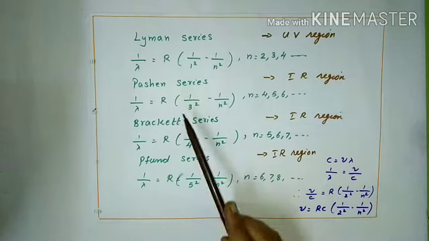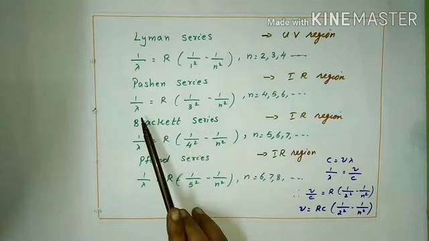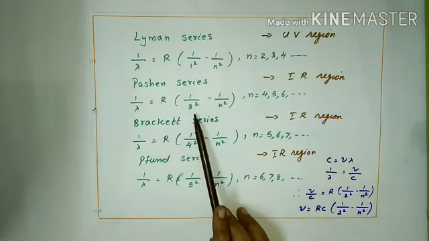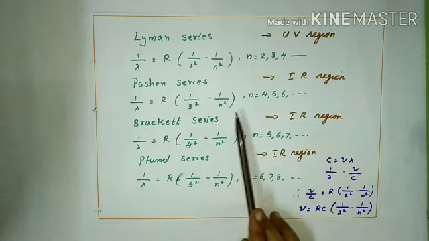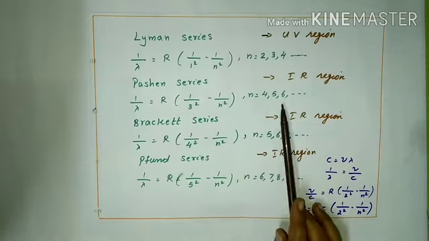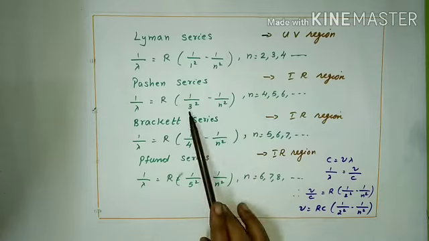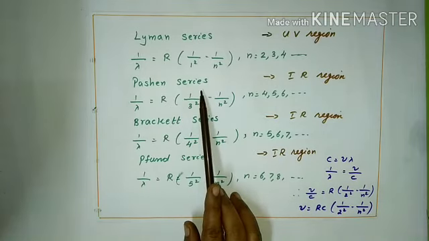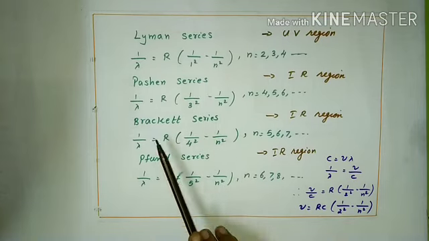Then the third series, the Paschen series, has the formula 1 by lambda equal to R into (1 by 3 squared minus 1 by n squared), where n equals 4, 5, 6, etc. The 3 represents that the Paschen series is the third series.